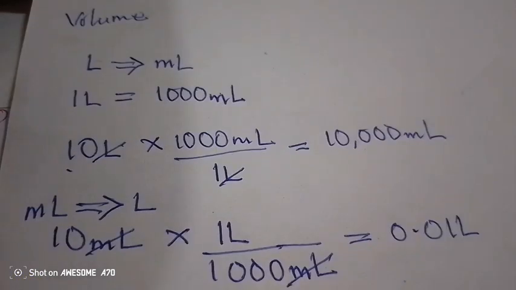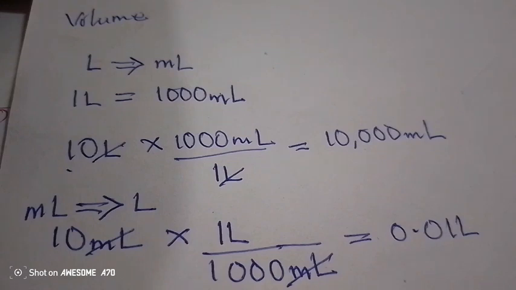Conversion of units relating to volumes. Now, we've said the relationship between liter and milliliter is 1000, and that 1000 milliliters is equal to 1 liter.